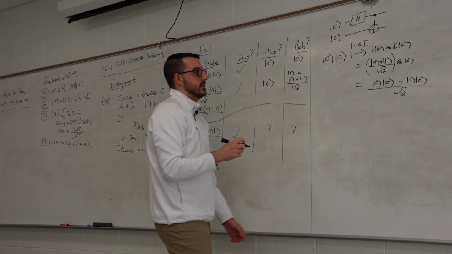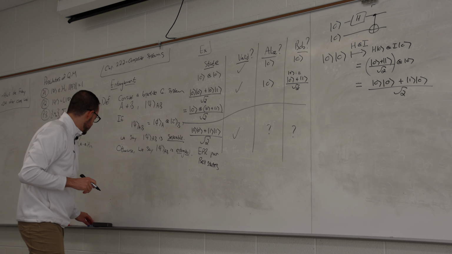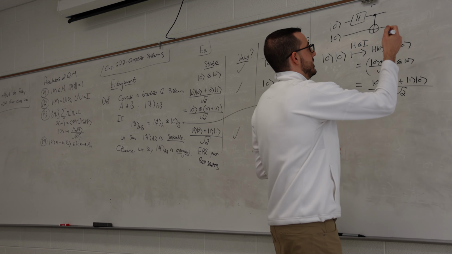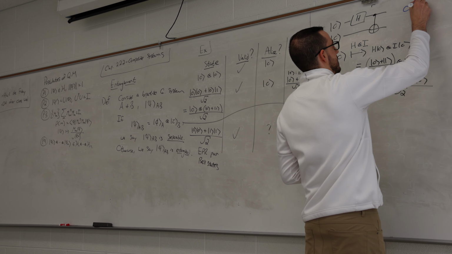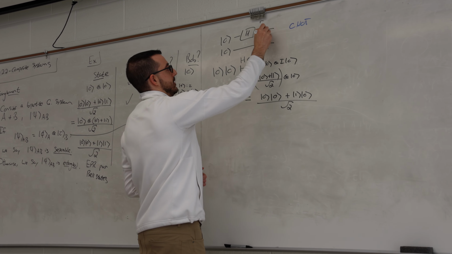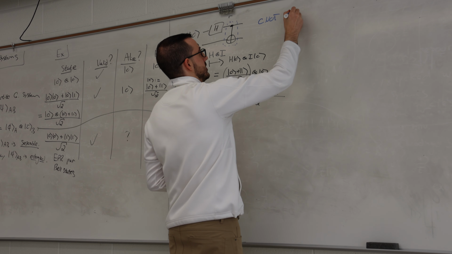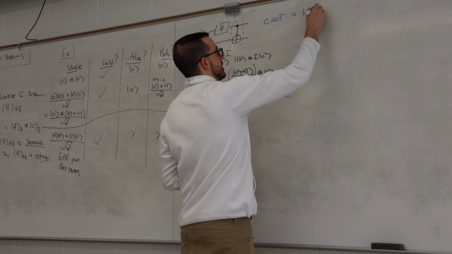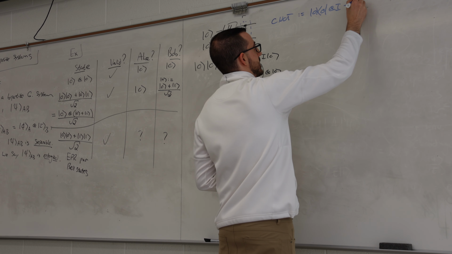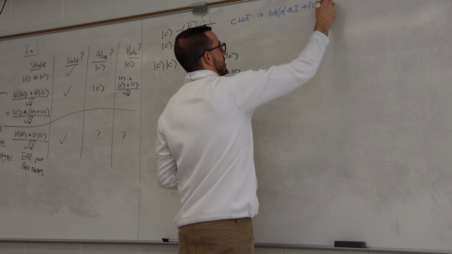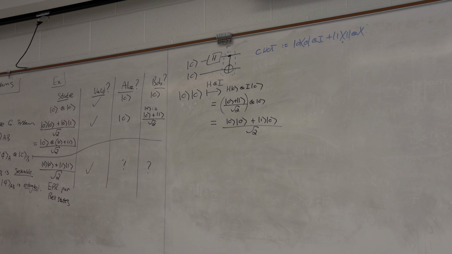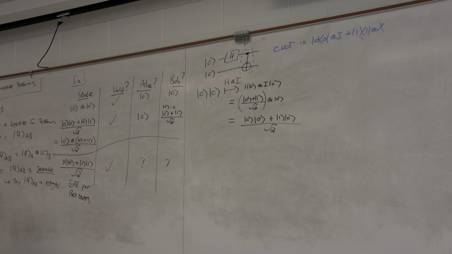Now, this CNOT gate is going to have the following definition. It's our first time seeing it. You'll get very familiar with the CNOT gate. I'm going to define the symbol CNOT in the following way. It's going to be the projector onto ket 0, tensor identity, plus the projector onto ket 1, tensor the Pauli X gate, the Pauli NOT.